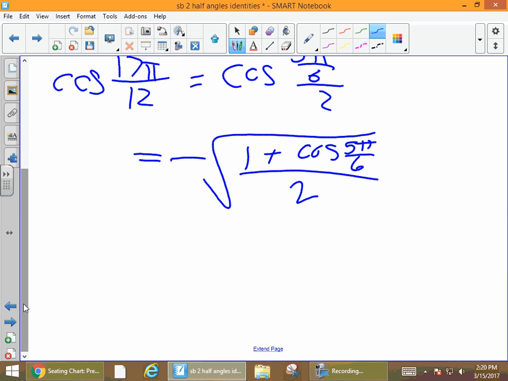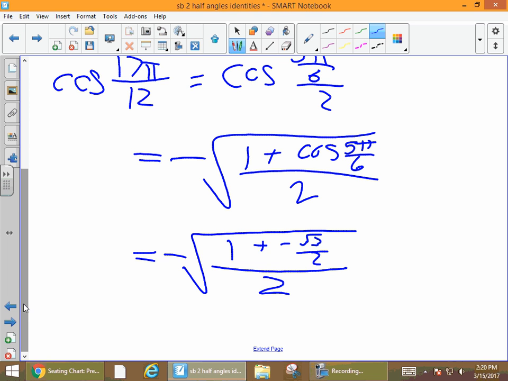We have the negative out front because we know 17 pi over 12 is in the third quadrant, which cosine's negative in. What's the cosine of 5 pi over 6? Negative radical 3 over 2. So we have negative the square root of 1 plus negative radical 3 over 2 divided by 2.